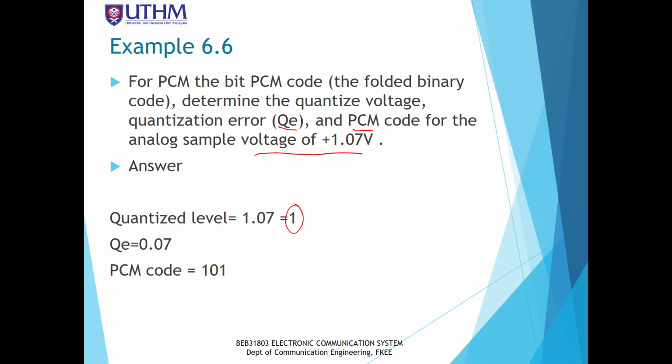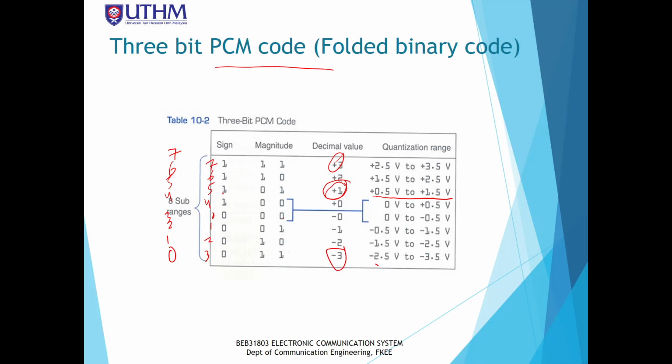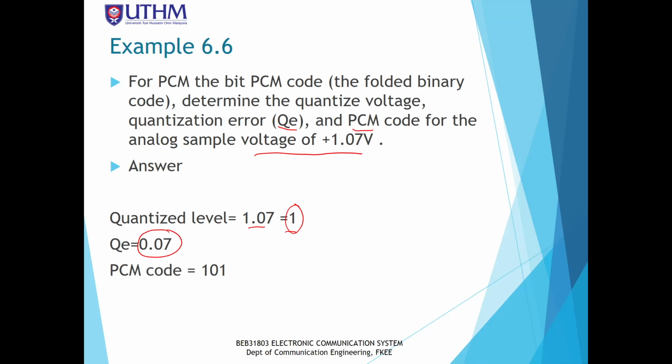So the quantization error adalah 1.07 tolakkan dengan 1, so you akan dapat 0.07. Okay. And the PCM code word adalah 101. Okay, the PCM code word is 101. Okay. So ini direct question. So this is an easy question.